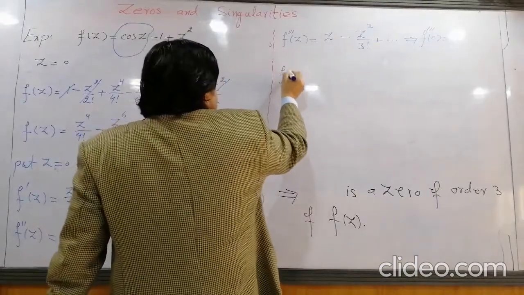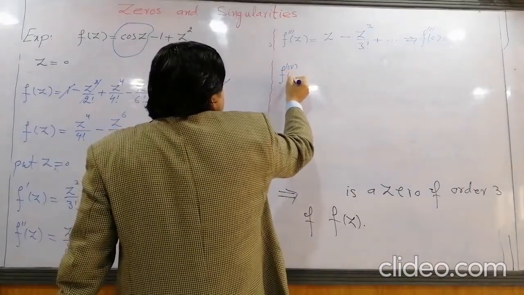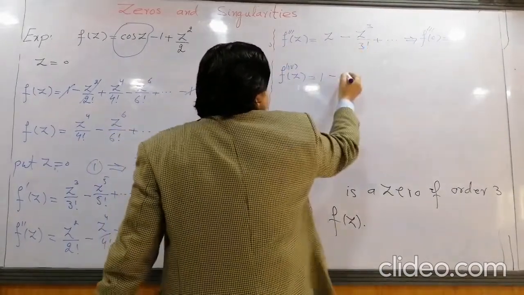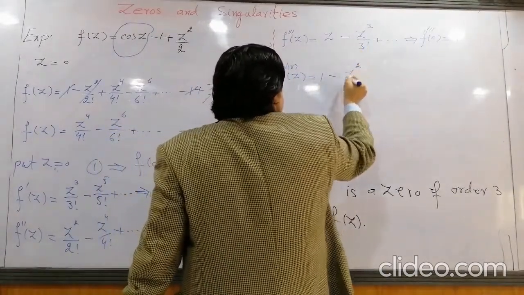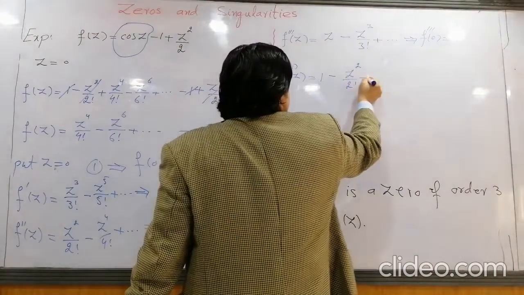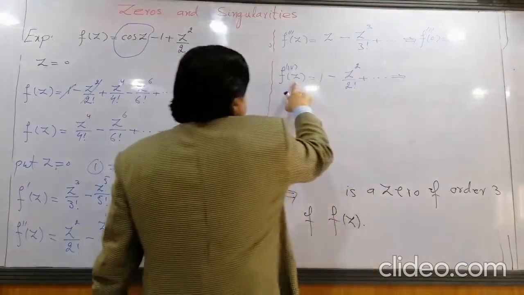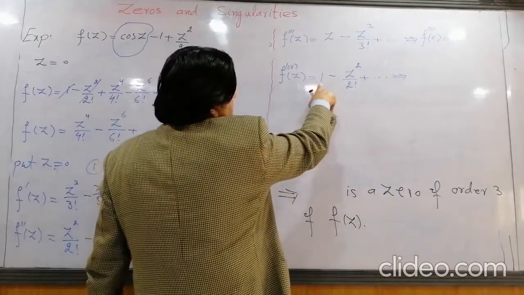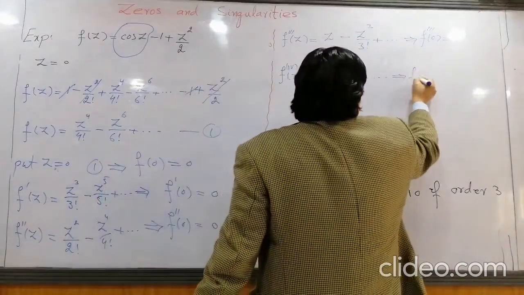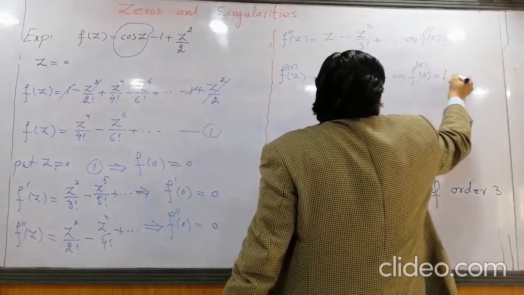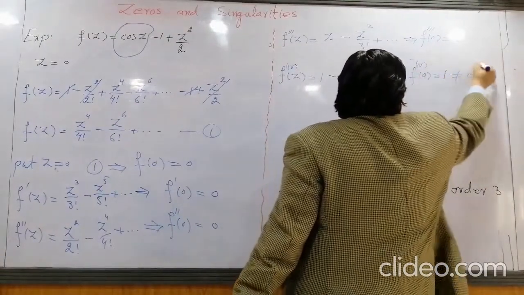If I differentiate it again, I will get 1, and from here I get z square divided by 2 factorial plus so on. Now if I put z is equal to 0 here, I will get 1. So if I put 0, I get 1, which is not equal to 0.